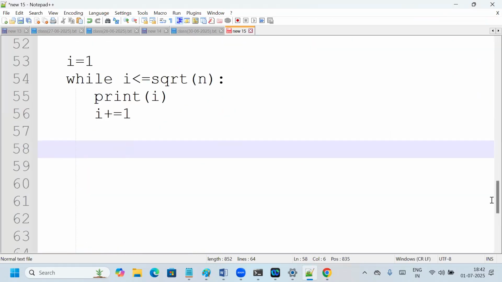See guys, how exactly it is behaving, that only you have to check. That we call the growth rate.